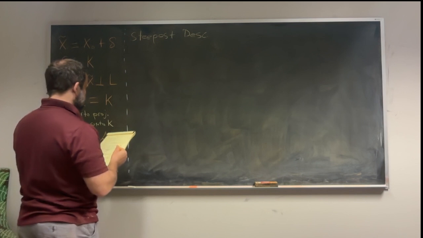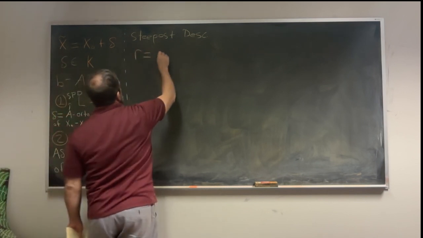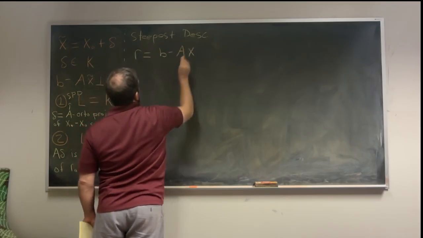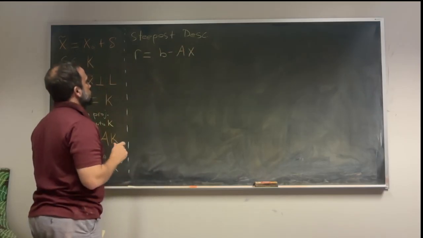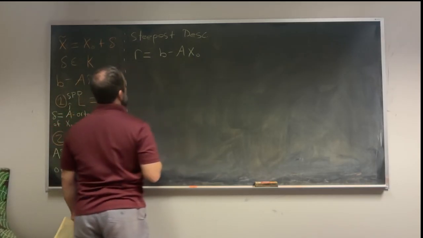Okay, so what it says is the following: R is going to be equal to B minus A X naught.